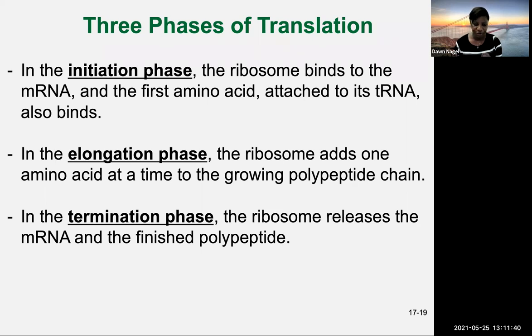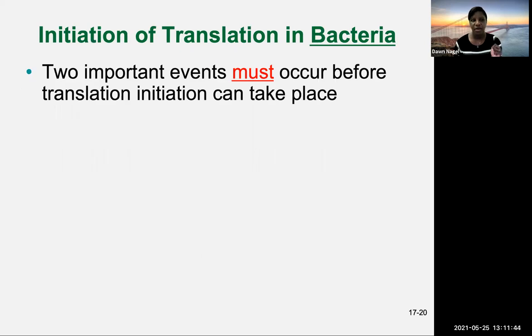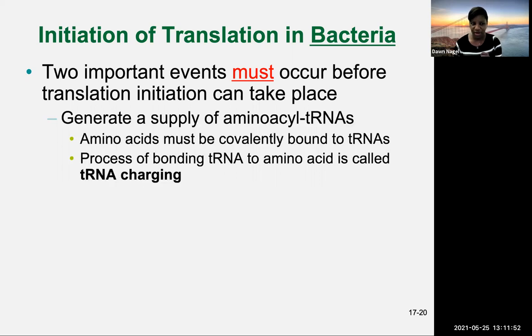In order for translation initiation to occur, there are 2 important events that must happen before this can take place, okay? One of them is you need to have a supply of aminoacyl tRNAs, right? These are the tRNAs that have the amino acid bound to them, okay? This process of adding the amino acid to the tRNA, right?